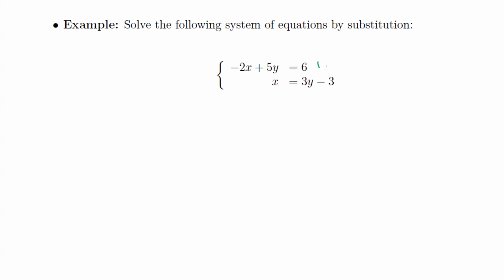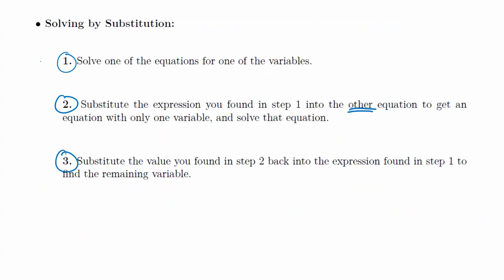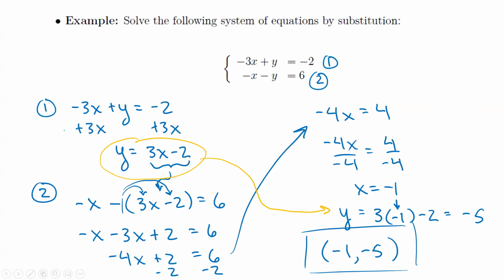So we have equation 1 and equation 2. This x is already by itself in equation 2, right? So no need to do any work in getting a variable by itself. Essentially, step 1 of this process is done already, without us having to lift a finger.